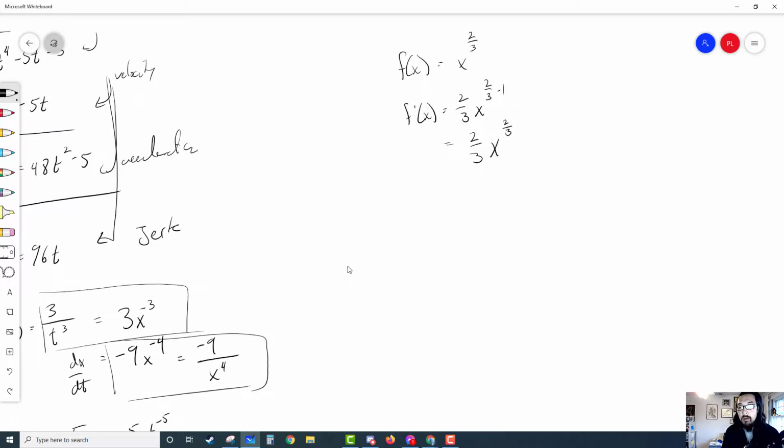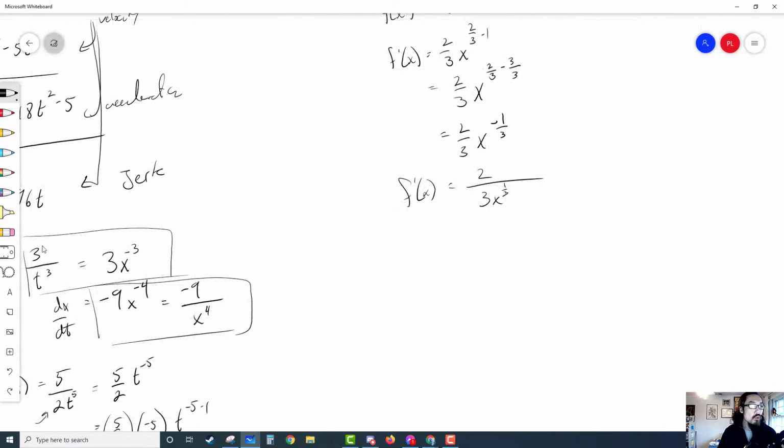I don't like subtracting a fraction from a whole number, so I'm going to turn this into 3/3. Once you get the hang of this, you won't have to do this step, but because this is an intro video, I like doing this. 2/3 minus 3/3, 2 minus 3 gives us negative 1, divided by 3 in the denominator, and then we get 2/3 x to the negative 1/3, like so. So this is our first derivative.